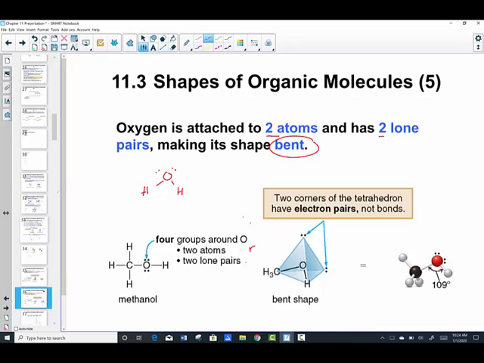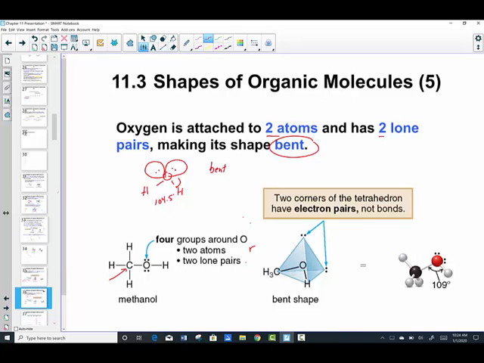Water, with its central atom of oxygen and two lone pairs, each leading out single bond hydrogens, gives us a bent shape. And the bond angles, again, because these are very large electron clouds that push together those hydrogens, are reduced to about 104.5 for the bond angle between them. So two corners, two electron pairs give us a bent molecular shape.